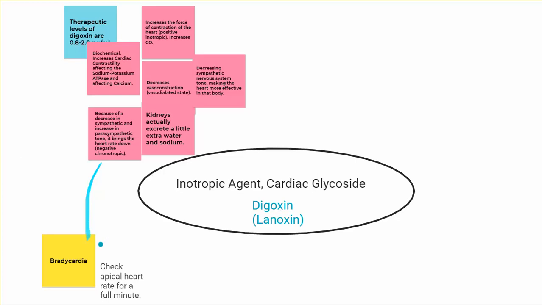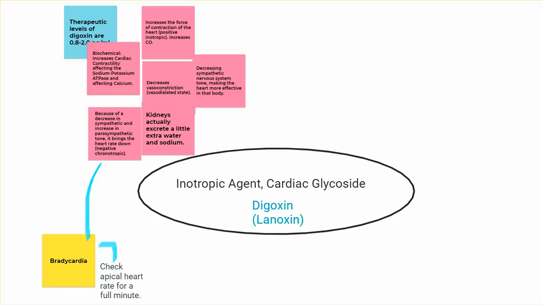However, just keep in mind, these are people with heart failure. So you might have to move it over to the left a little bit in order to actually hear it. Okay? So that is one of the things that's really dangerous. That's why we check the apical heart rate.